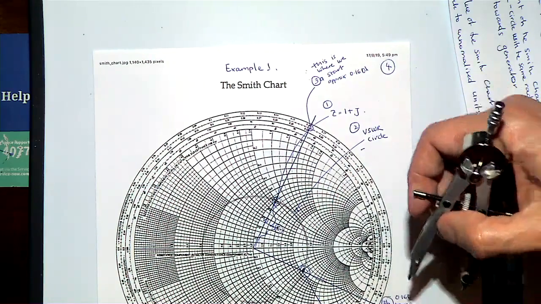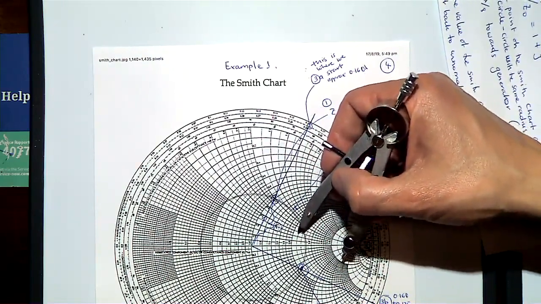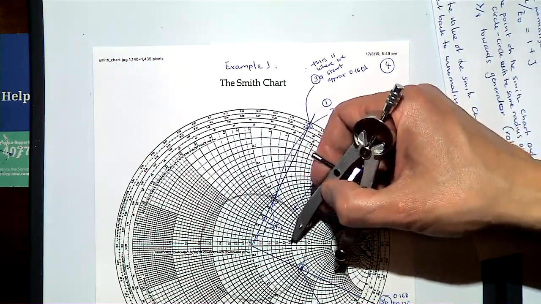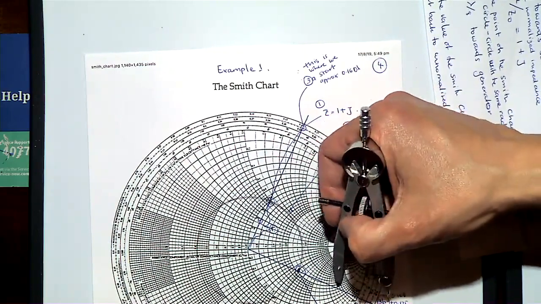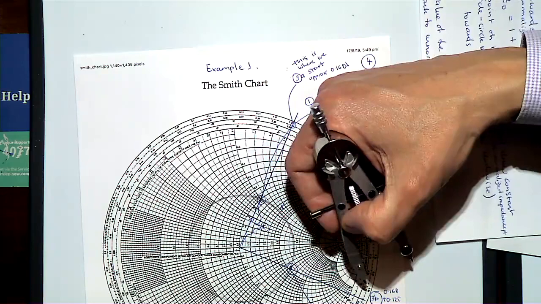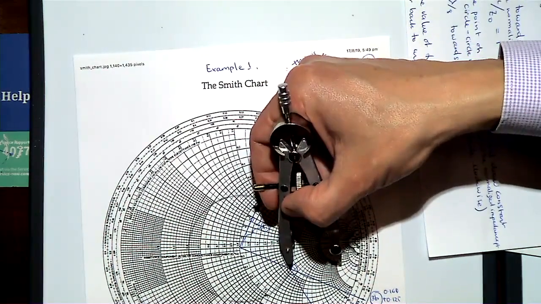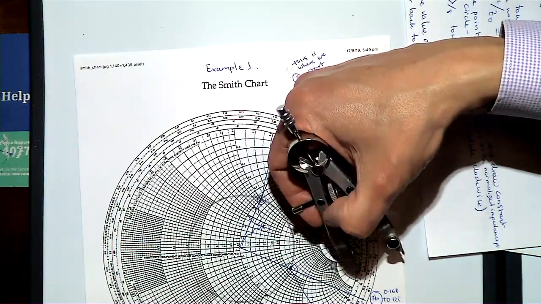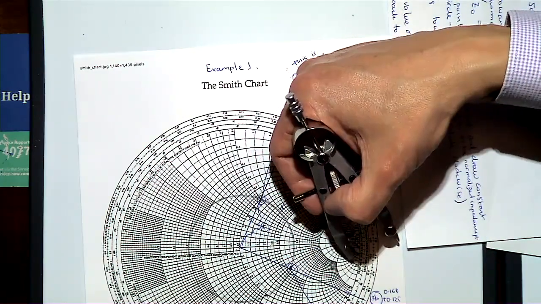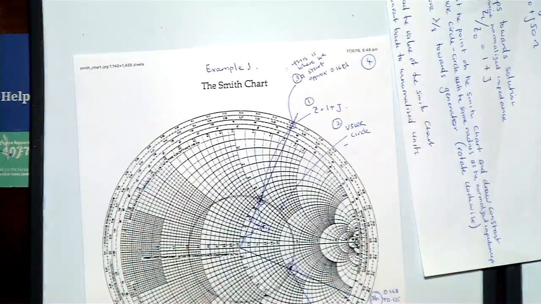So in this particular case, if you read it off, the impedance is 2, which is the real part, so we're on this circle of 2, and the imaginary part, I've also realised that I've made a mistake here. It should be -1, because we're below the line.